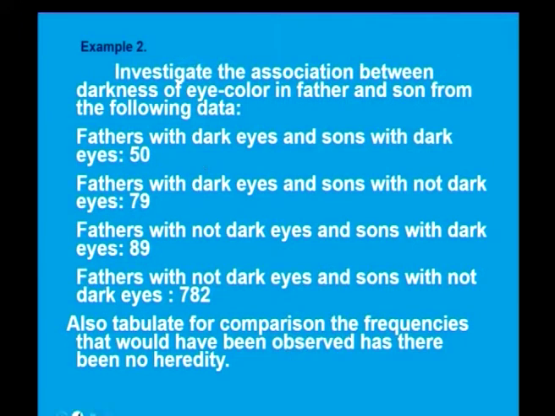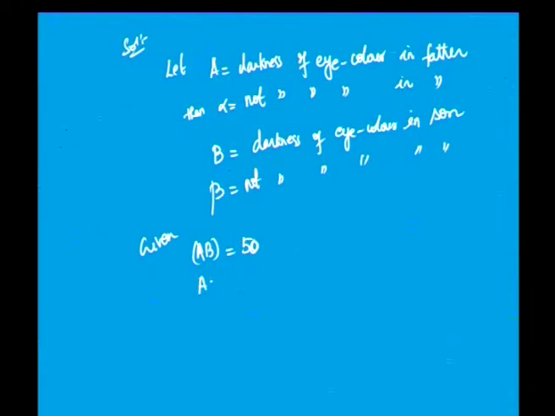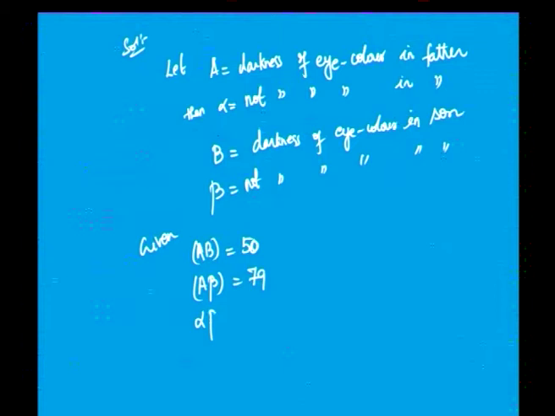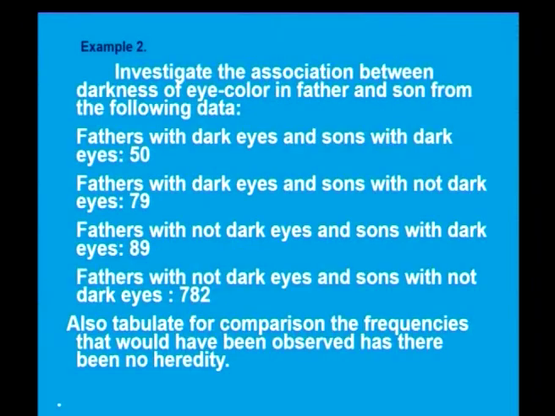So, A beta value is equal to 79. Then fathers with not dark eyes represents alpha, and sons with dark eyes is B. So, alpha B value is given to be equal to 89.